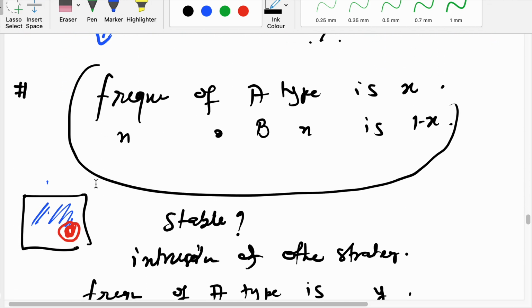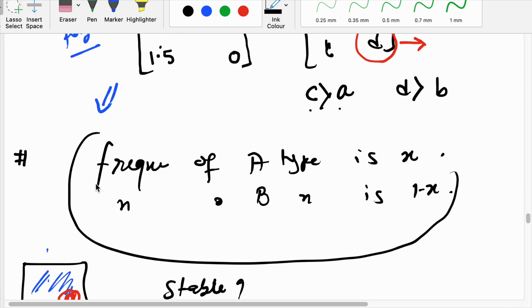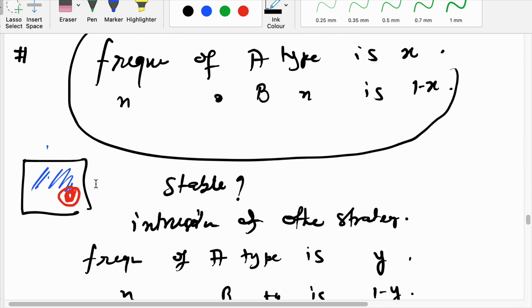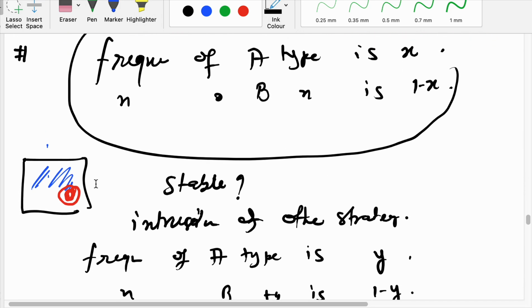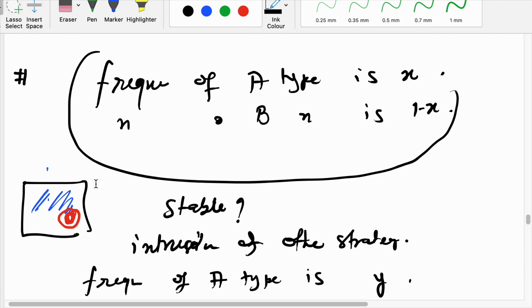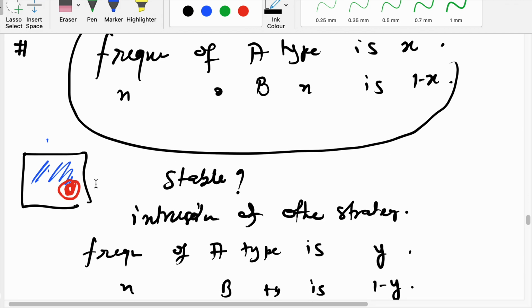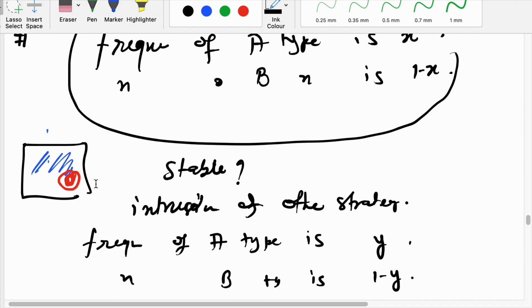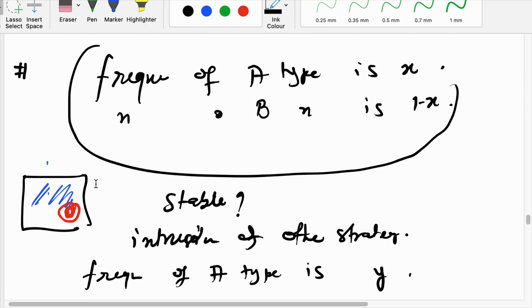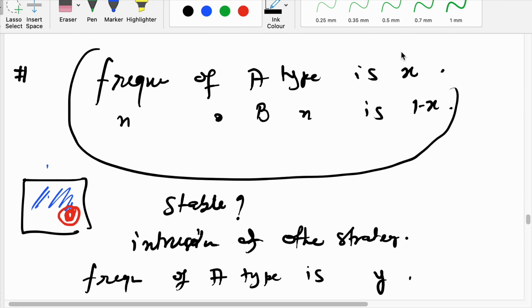Now this is for the two-player game. When we come to the population level, this question doesn't make sense, and we ask another type of question. Suppose in my whole population all individuals choose strategy A with probability x and strategy B with probability 1 minus x.